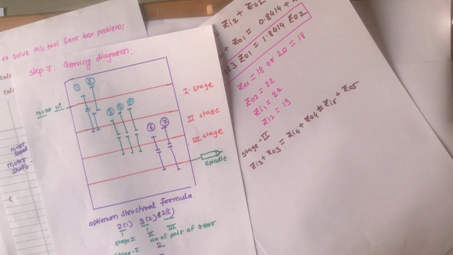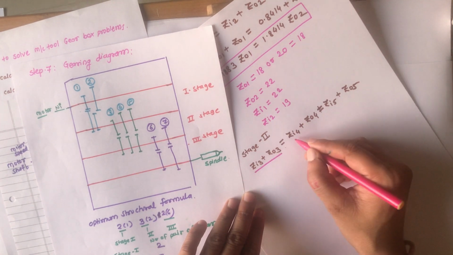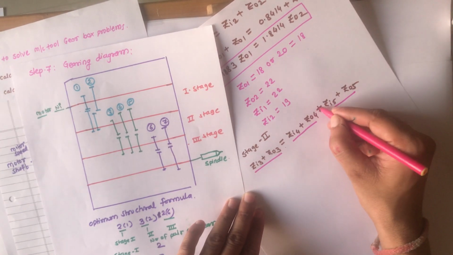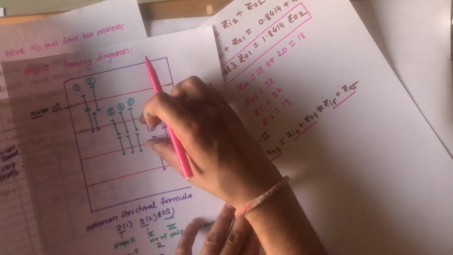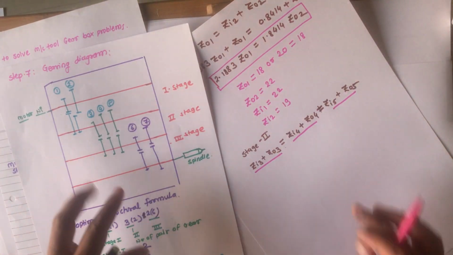Means there are 3 gears, and the center distance between each gear pair is the same between the two shafts.